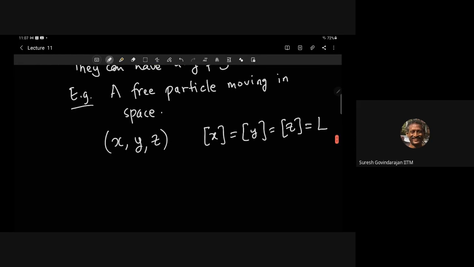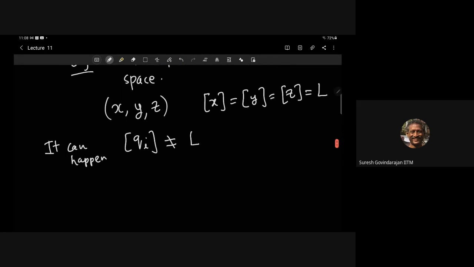Again, I mentioned this last lecture. In general, it may not be. For example, even for this particle, suppose I went ahead and chose r, theta, and phi. This is spherical polar coordinates.